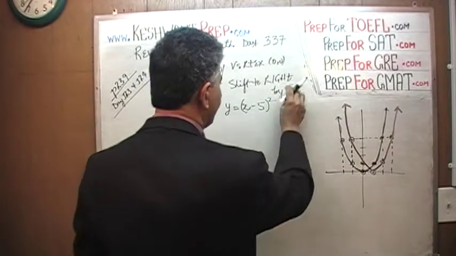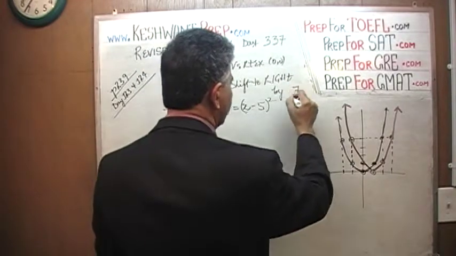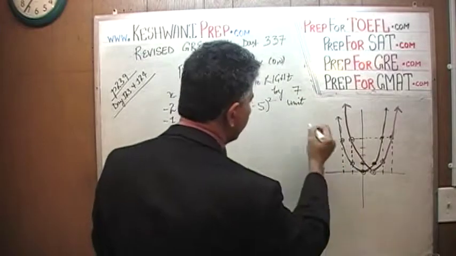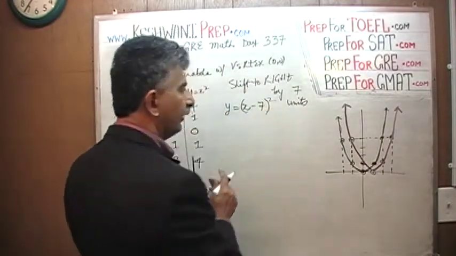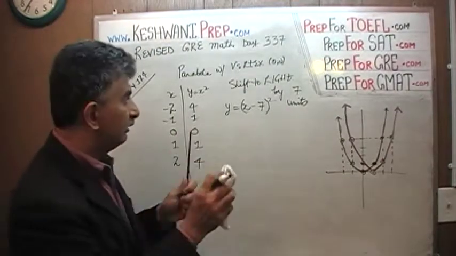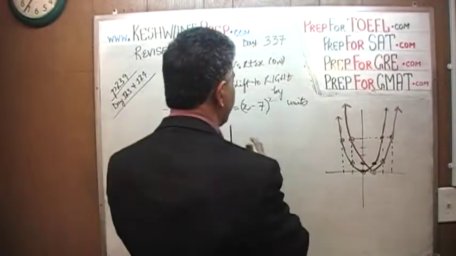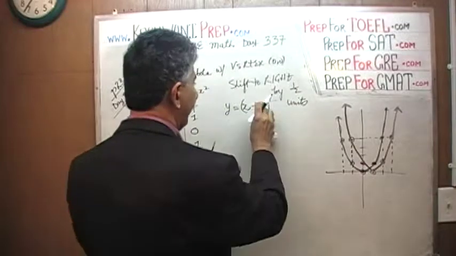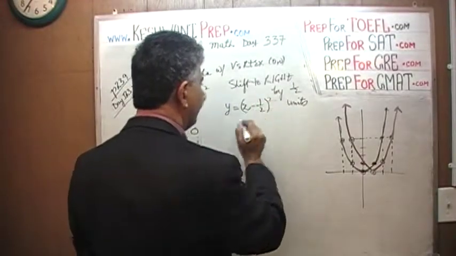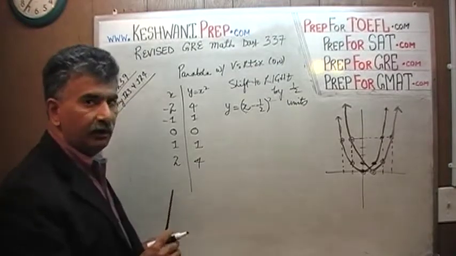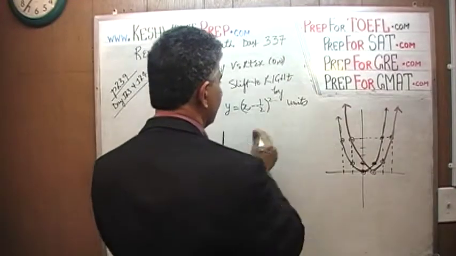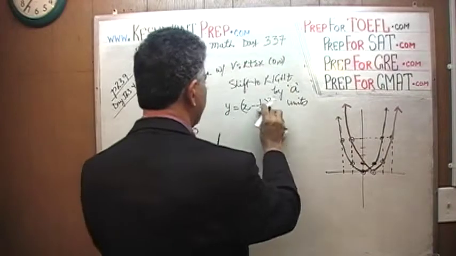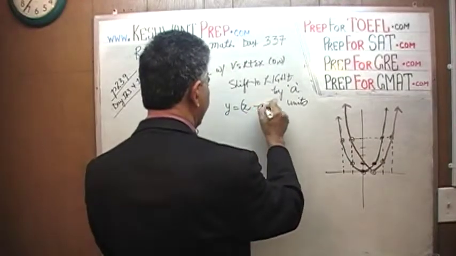Had we shifted it to the right by 7 units, it would have been (x minus 7) squared. Had we shifted it to the right by half a unit, it would have been (x minus half) squared. And generally we write this as: if we shift it to the right by a units, it will be (x minus a) squared.